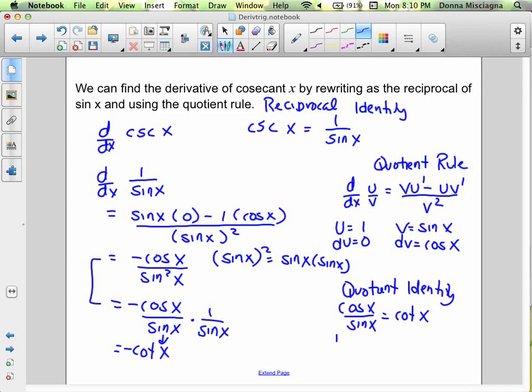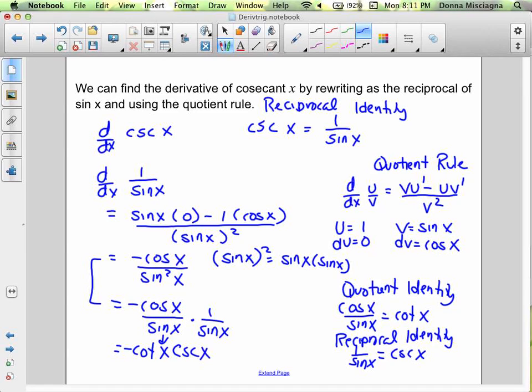Using a reciprocal identity, we went over this in the last slide, I think, 1 over sine x is just the same as cosecant x. And now we have the derivative of cosecant x. It's negative cotangent x times cosecant x. No longer is it a fraction.